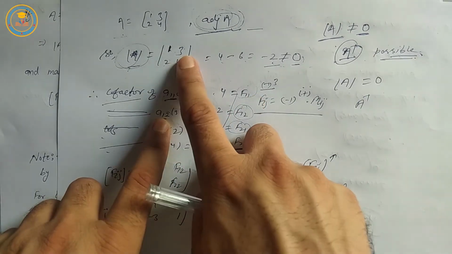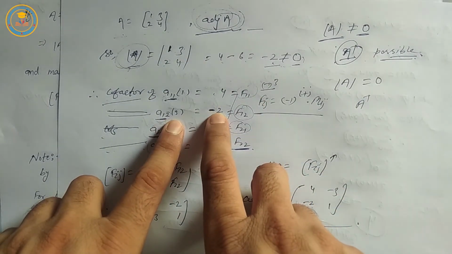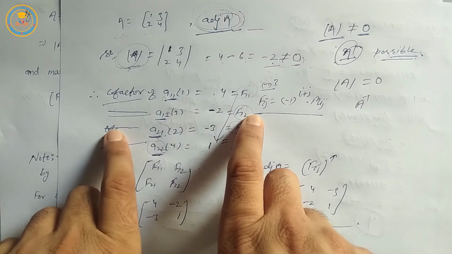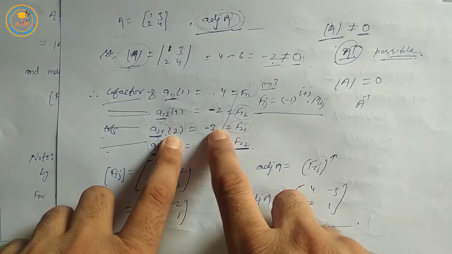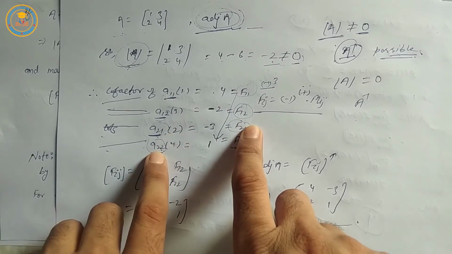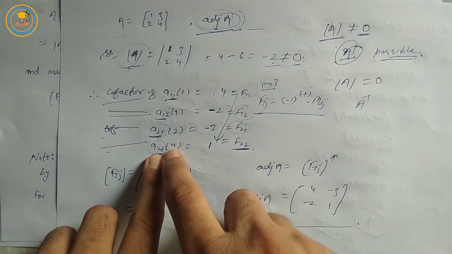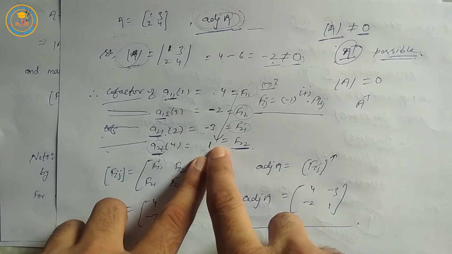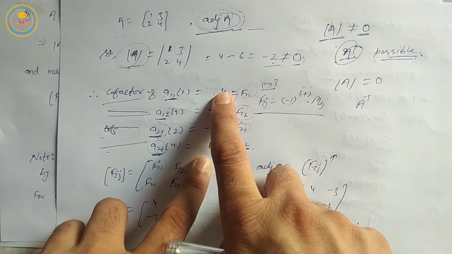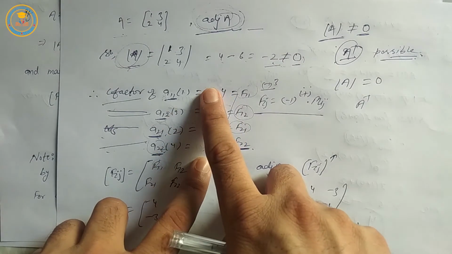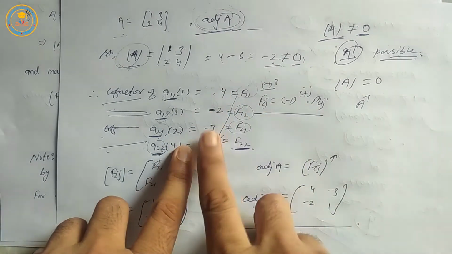Cofactor of element A12, of 3, is equal to minus 2, it means F12. Cofactor of element A21, of 2, is equal to minus 3, it means F21. Cofactor of element A22, of 4, is equal to 1, it means F22. Positive sign for even number, negative sign for odd number.